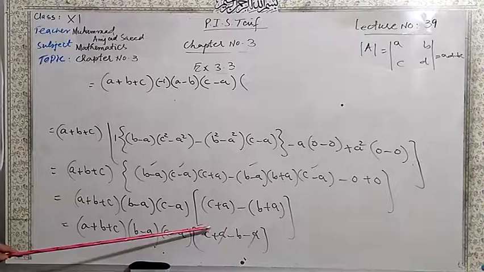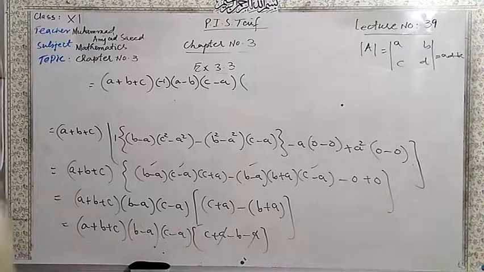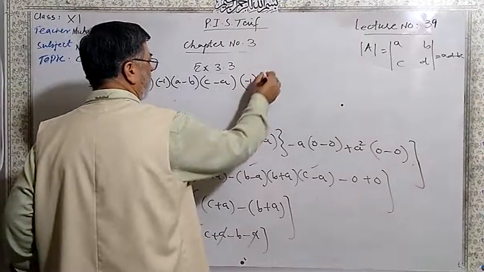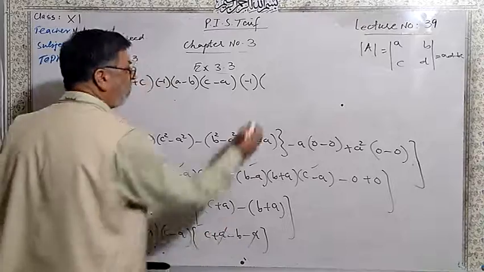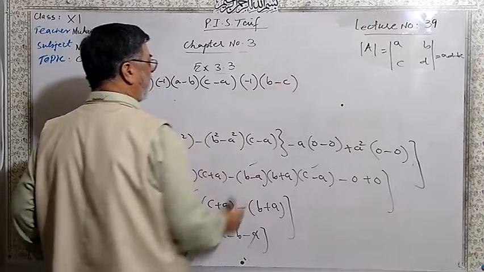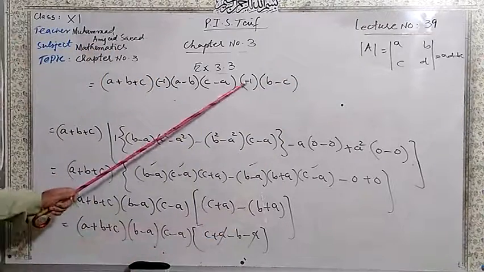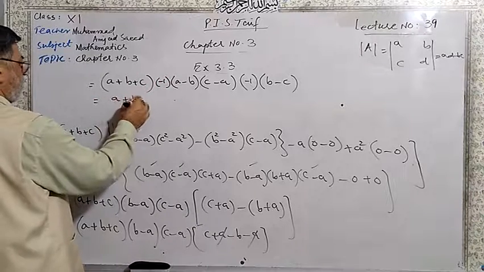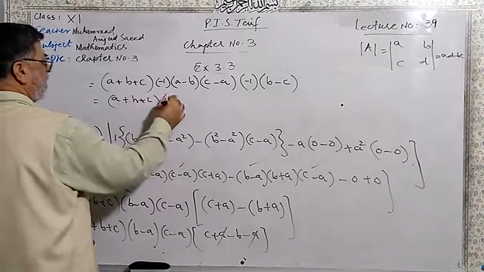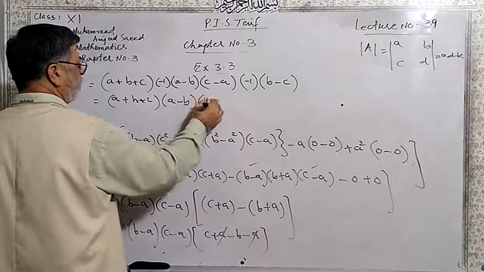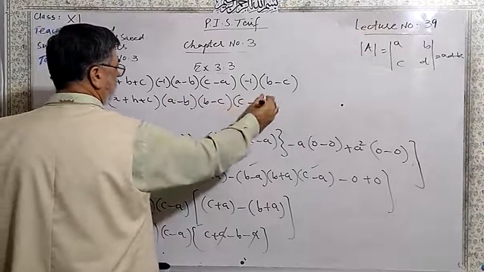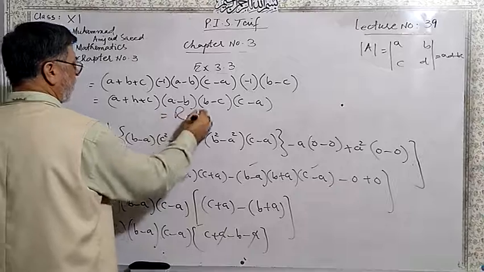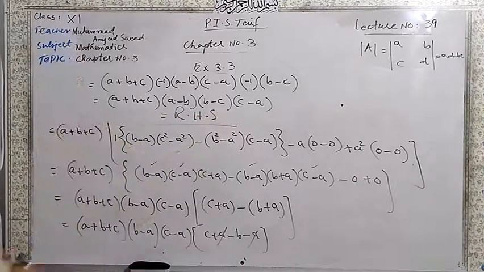Similarly, this is c minus b. You can take minus common from c minus b, b will become positive and c negative. Here minus and minus plus, a plus b plus c into a minus b into b minus c into c minus a. That was your right hand side, that's your answer.